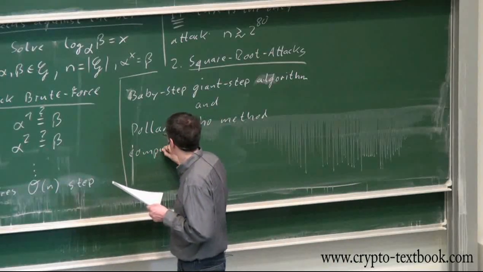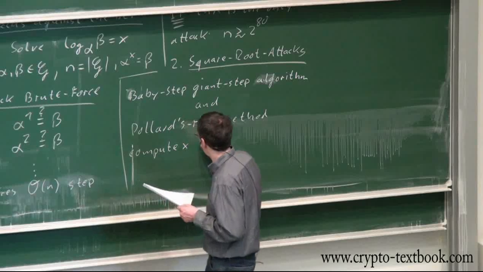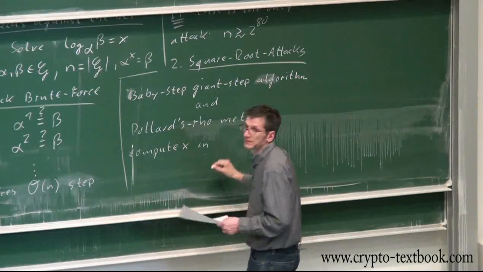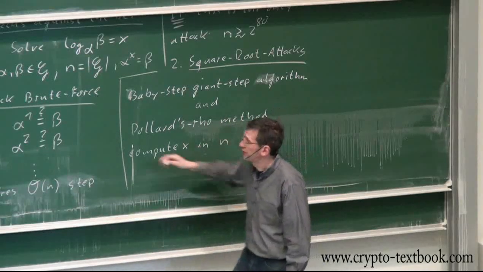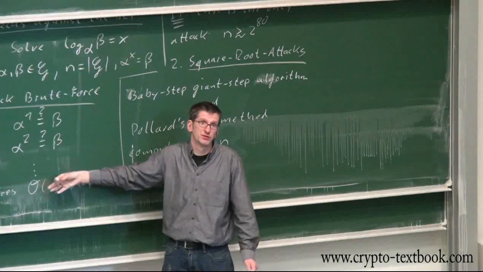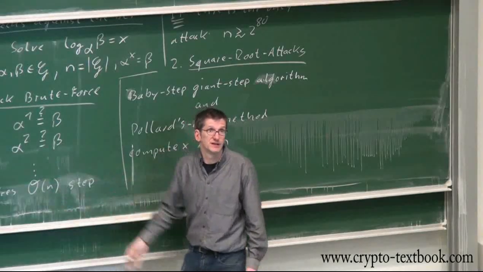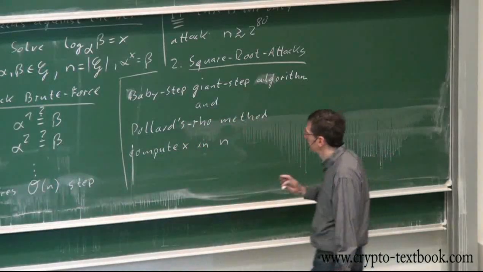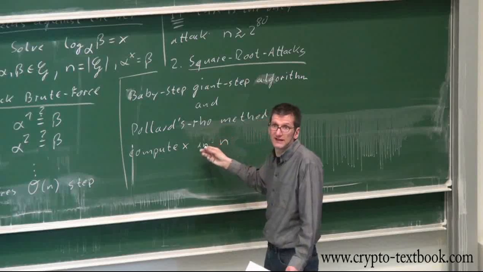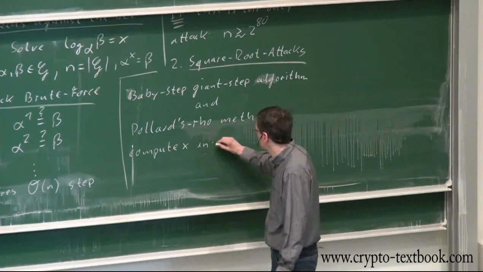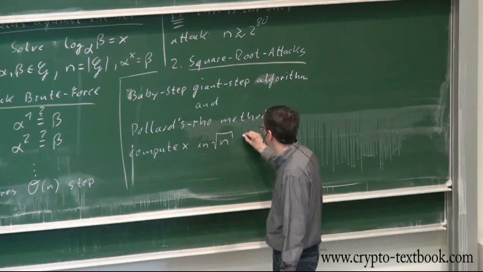Compute x in... Before, a brute force attack computes x in about n steps on average. These new attacks are called square root attacks because they use square root of n steps.